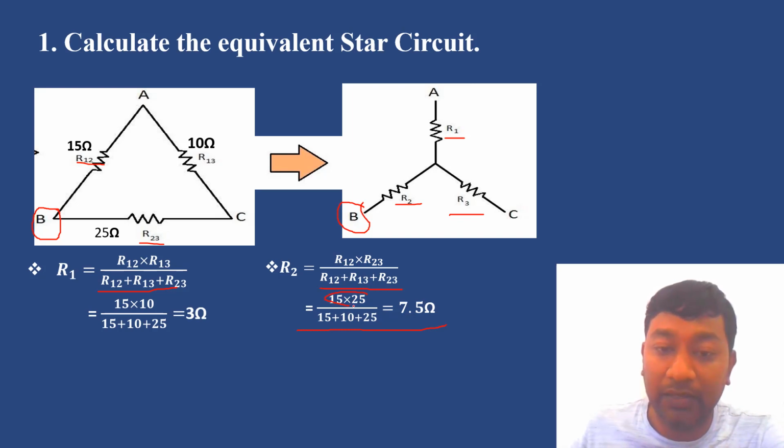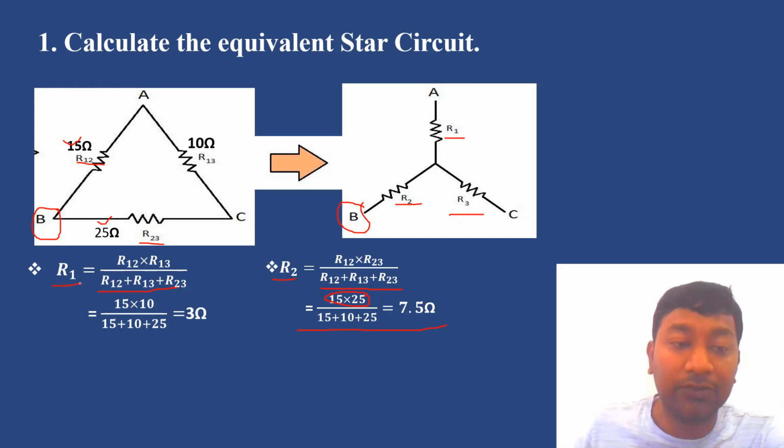Because we are calculating R2, we find the resistances connected to the B point. How many resistances are connected? 15 and 25 ohm. So we multiply 15 and 25 ohm divided by the total resistance. That is the value of R2.